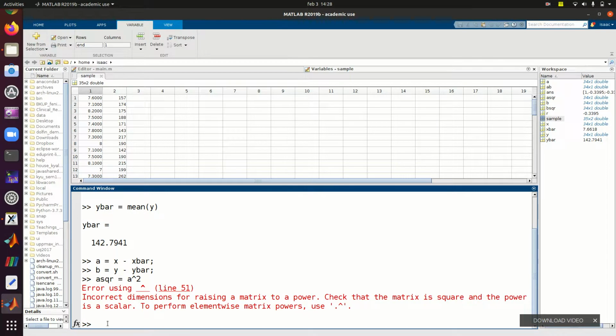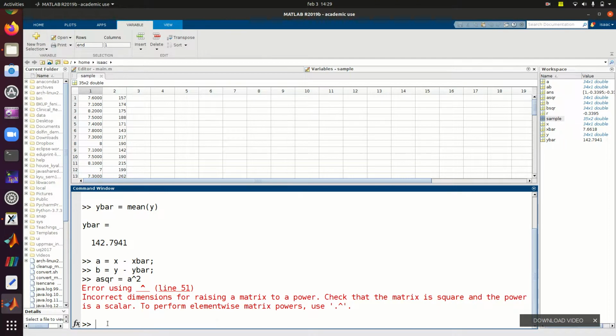So we have a problem here. In MATLAB, remember that if you put a squared, then it is going to treat these as matrices and try to multiply, because the column vector is ideally also a matrix. So it will try to multiply the column vector with the column vector. But a column vector 34 by 1, you cannot multiply with a 34 by 1. They are not compatible.